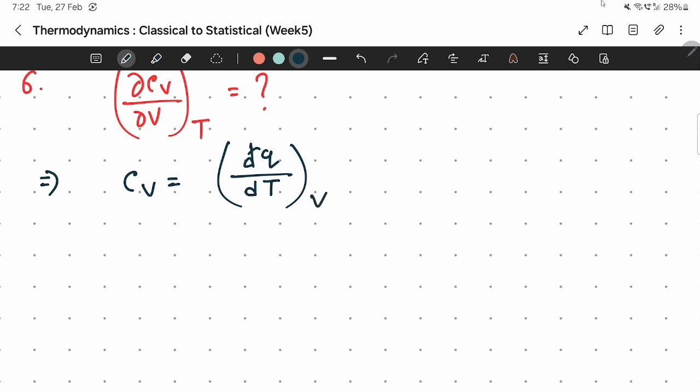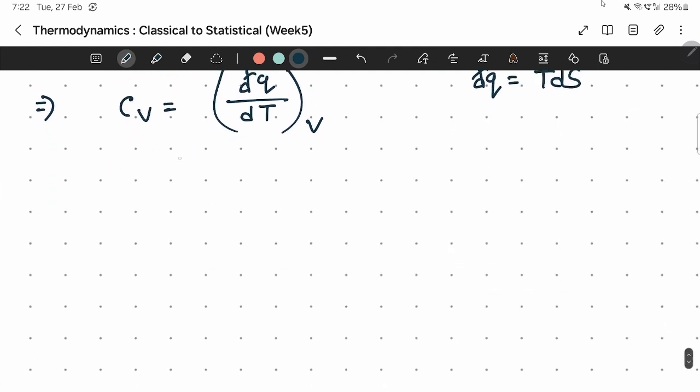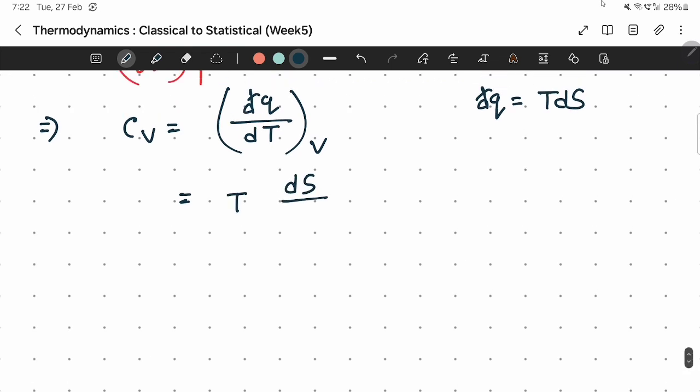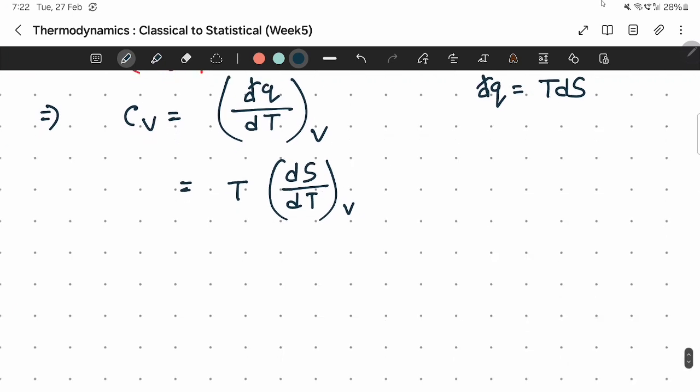This is our CV by definition. Now we know dq is essentially TdS. So instead of dq, I have written T dS by dT at constant volume, with T kept outside.